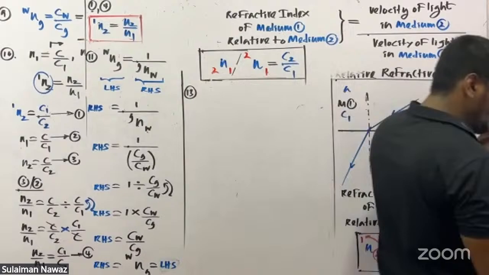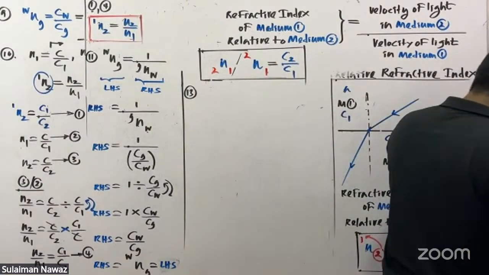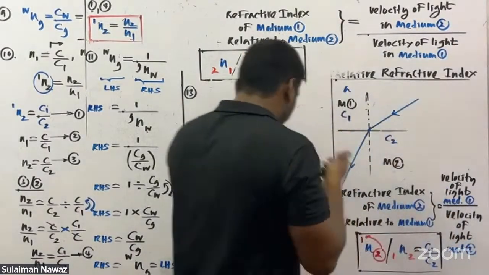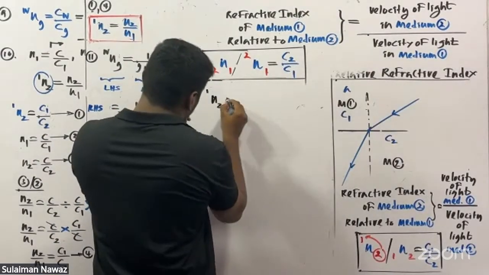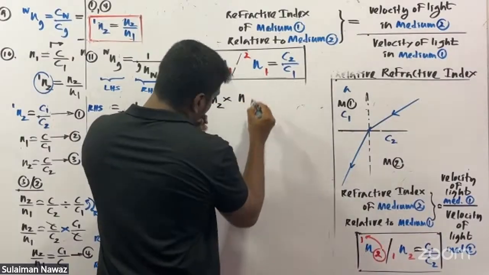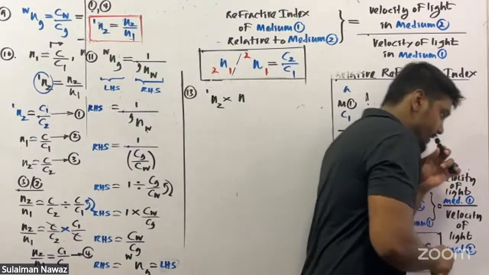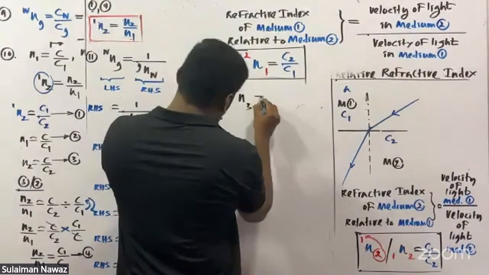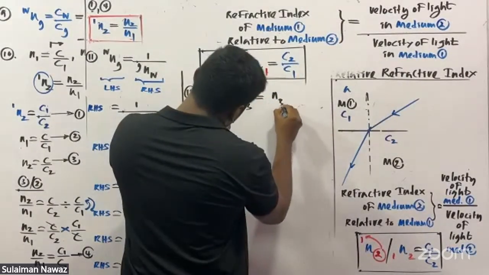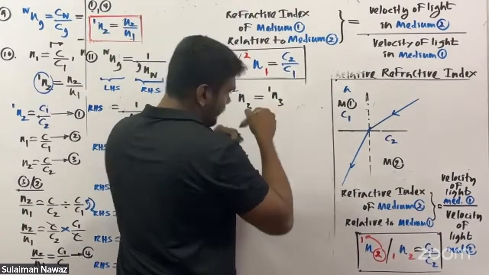I am also discussing 13. They are telling us to prove refractive index of medium 2 relative to medium 1, times refractive index of medium 3 relative to medium 2, must be equal to refractive index of medium 3 relative to medium 1.